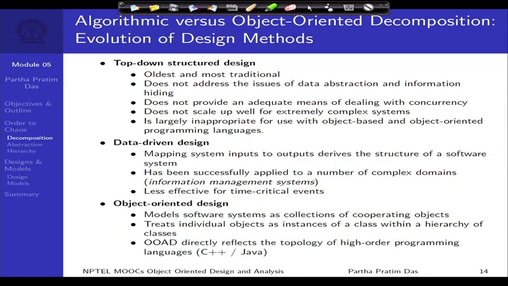We have been discussing the role of decomposition in modeling and solving complex system design problems, and we briefly took note of the algorithmic decomposition approach and the object oriented decomposition approach. In the object oriented decomposition approach, there will be a set of autonomous agents, typically called objects, which can pass messages between themselves.